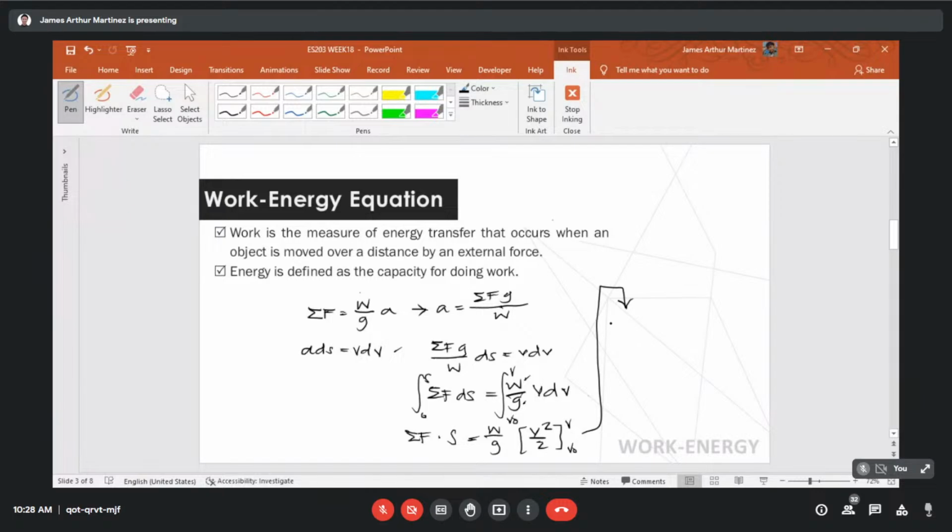So what will happen here is summation of forces times the displacement is equal now to weight over gravity times the evaluation of the right hand side of our equation. So what will happen now would be 1/2 of the final velocity squared minus the initial velocity squared.